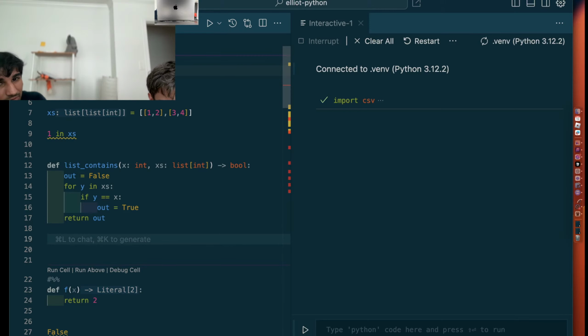Okay, fine. Out equals, for y in xs, if y equals a given element. I mean, it just sounds like it's linear time, right? Yeah, the length of the list. Yeah, exactly.